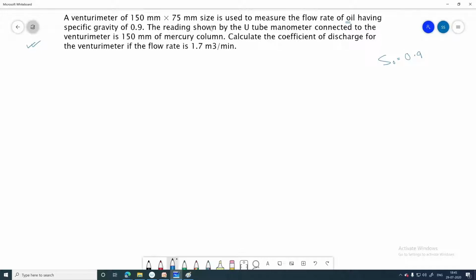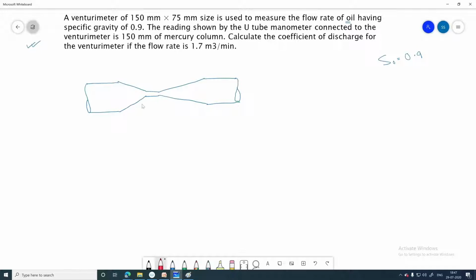Now the reading shown by the U-tube manometer connected to the Venturi meter. Okay, let's draw the Venturi meter first. So this is the Venturi meter and the U-tube manometer is connected.